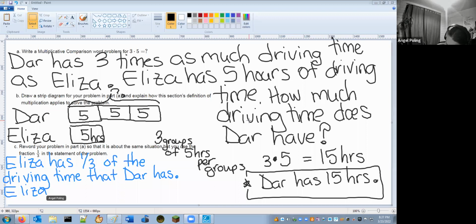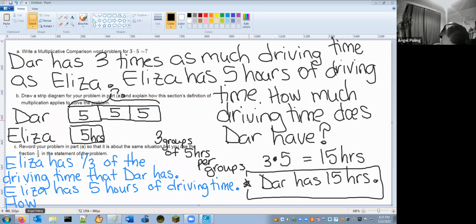Eliza has 5 hours of driving. How much driving time does Dar have?